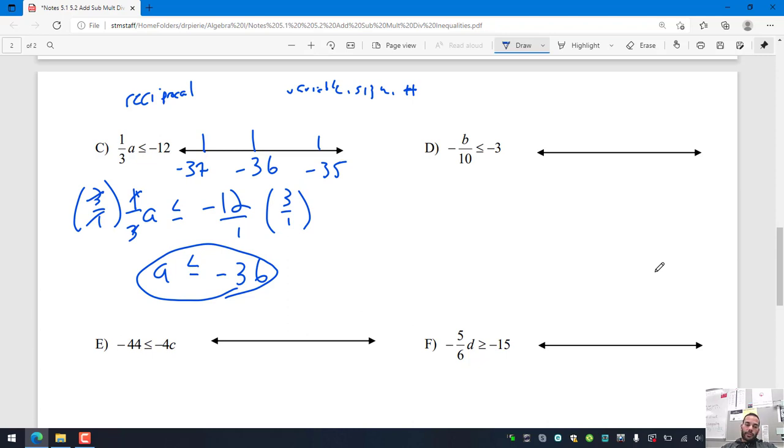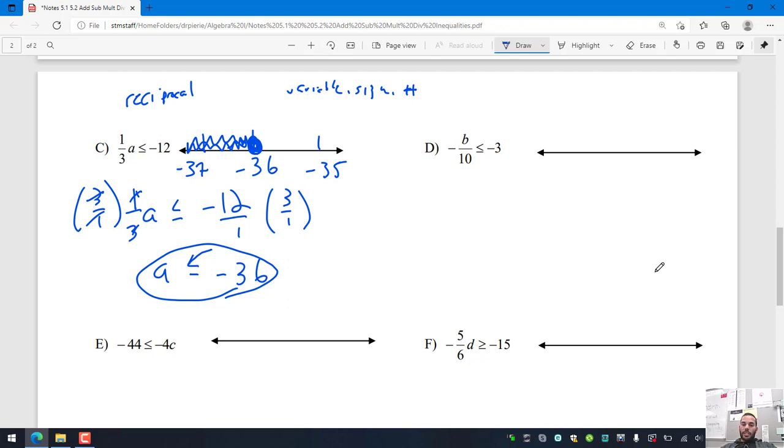Open or closed? There's a line underneath my inequality. It's less than or equal to, so it's going to be a closed circle at negative 36. And because I'm in that format of variable, sign, number, what direction is my arrow pointing? My arrow is pointing to the left. It's a little bit ugly, but I'm going to shade to the left here.